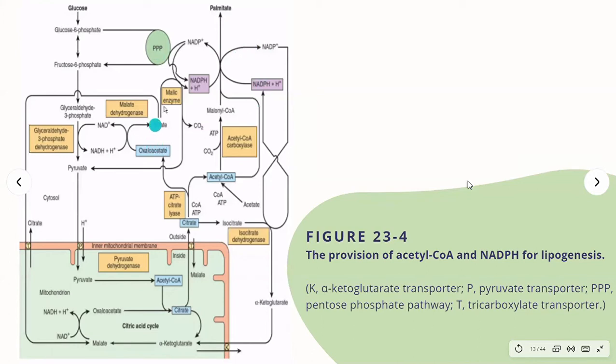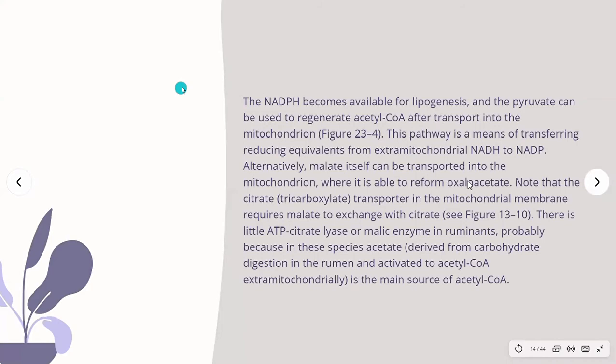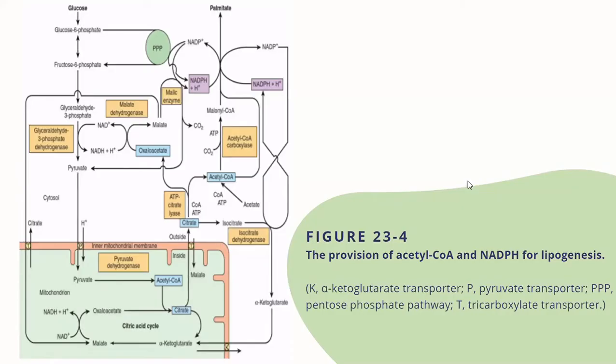There is malic enzyme, which acts on malate and also produces NADPH. To be used for acetyl-CoA to become palmitic acid.